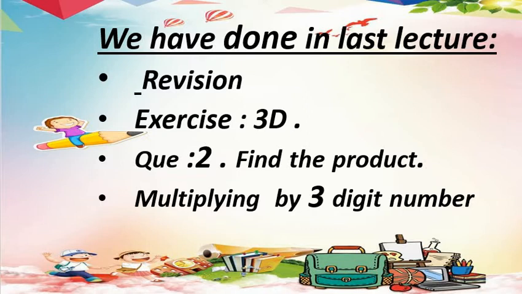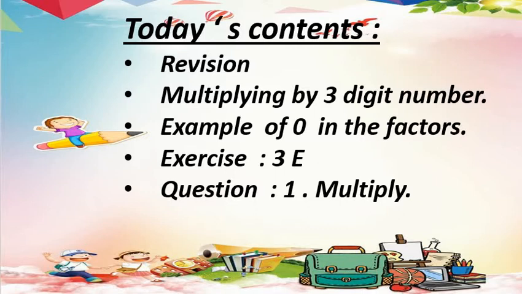So today we are going to do a revision of the last lecture, multiplying by a 3-digit number, then examples of 0 in the factors, then exercise number 30, question number 1, multiply. Understood? Again I'll repeat: revision of the last lecture, multiplying by a 3-digit number, then examples of 0 in the factors and exercise number 30.